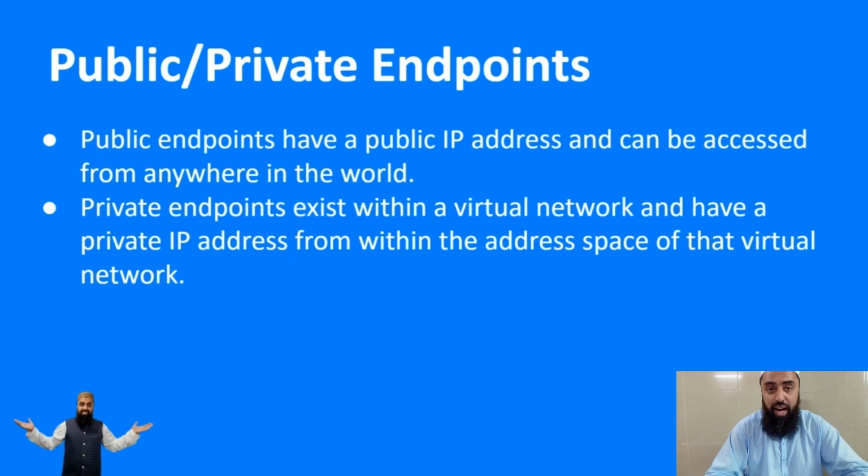And a private IP address can be accessed privately. I mean to say, we have to use either a VPN or a console. Private endpoints exist within a virtual network and have a private address from within the address space of that virtual network. So there are two different types of endpoints: public, which are publicly accessible, like a public IP address, and private endpoints, which are privately accessible within a virtual network.